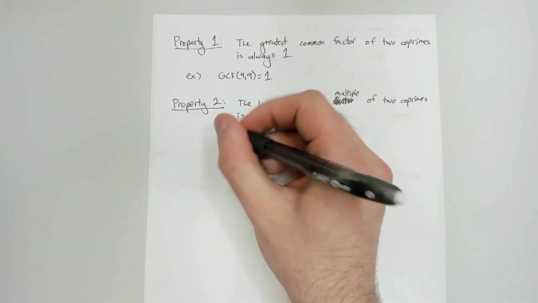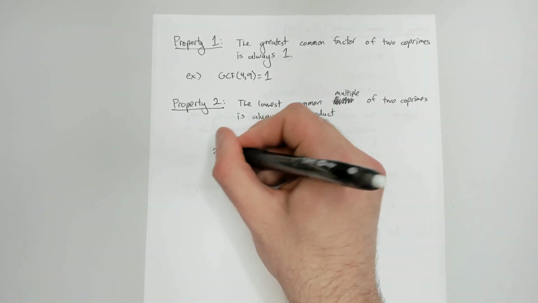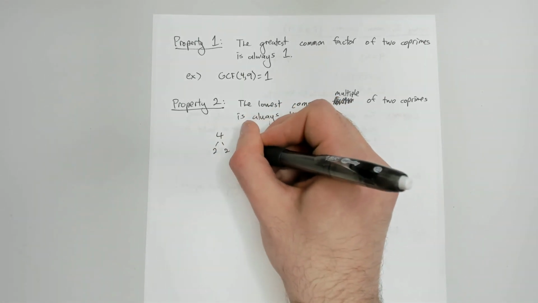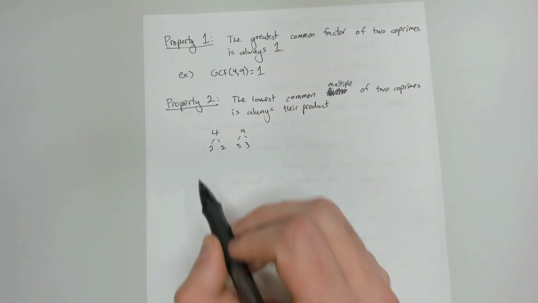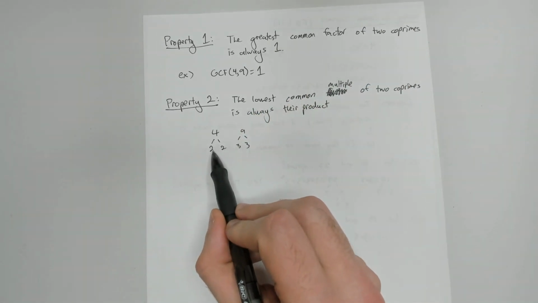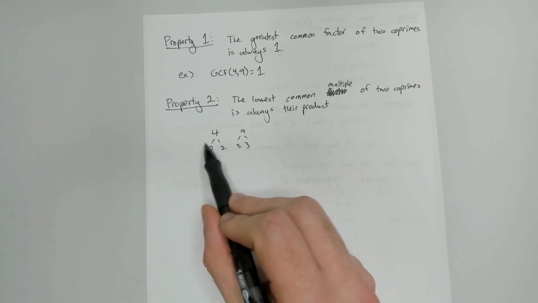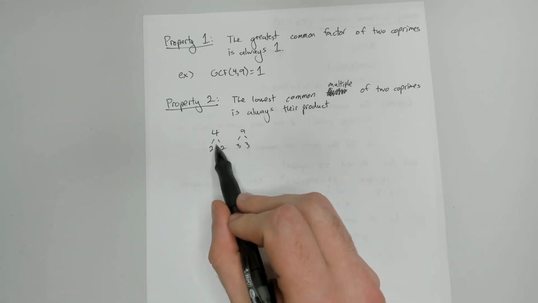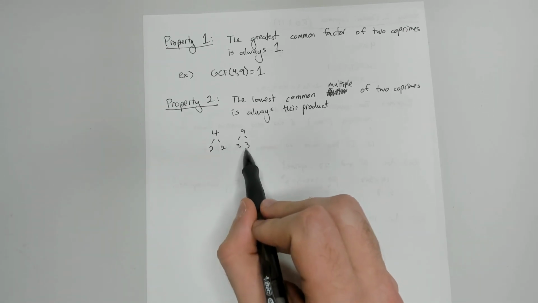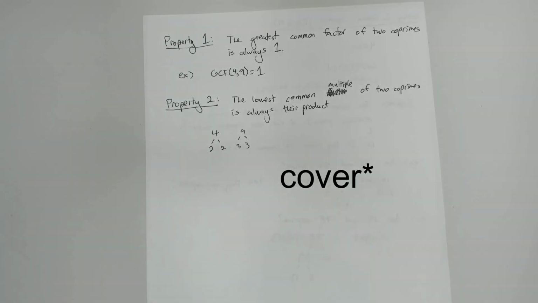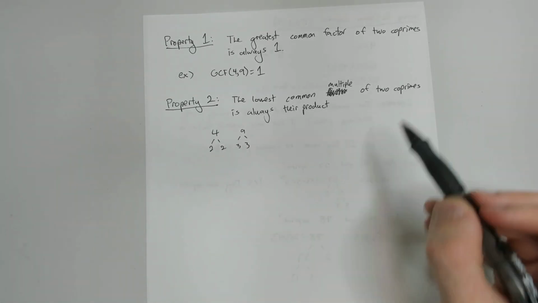So for example, in 4 and 9, we knew that 4 was 2 times 2, and we knew that 9 was 3 times 3. And when we write their lowest common multiple, that's going to be 2 times 2 times 3 times 3. There's no repeating here, so 4's prime factors are never going to cover 9's, and 9's prime factors are never going to cover 4's, because they are coprime numbers.